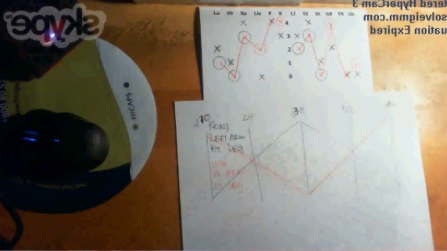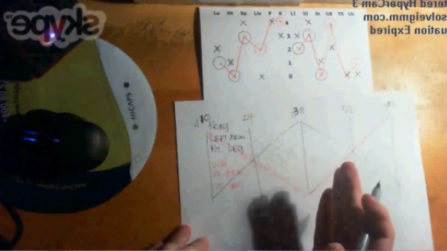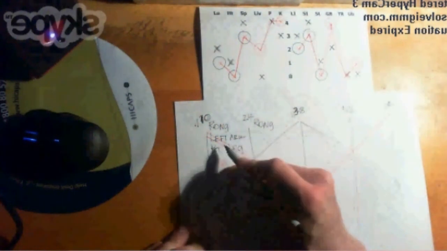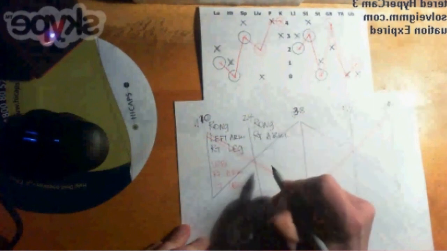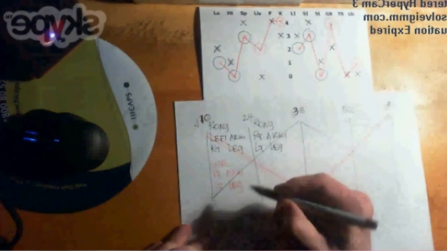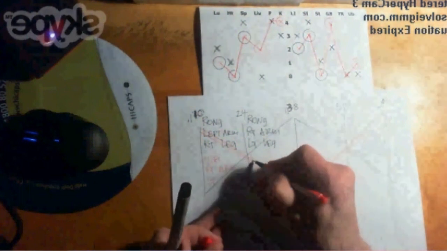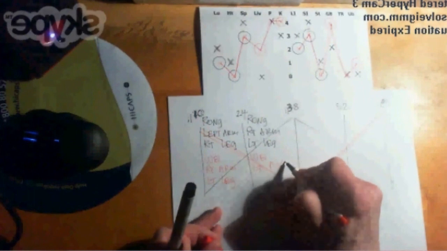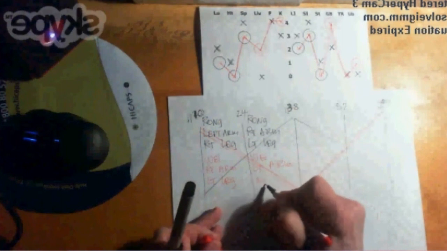So here it changed to the opposite. Rong will be on the right arm and the left leg, and the Wei will be opposite, left arm and the right leg.